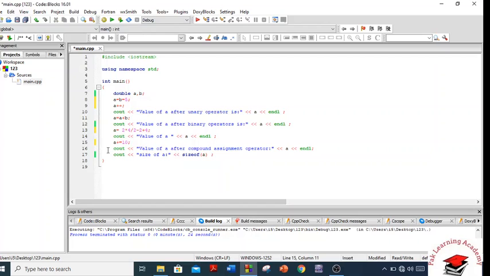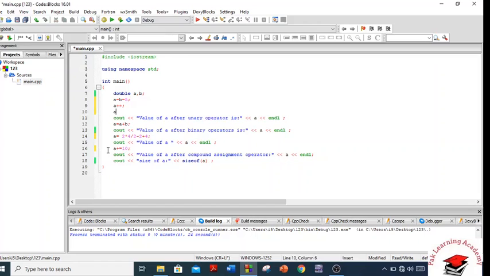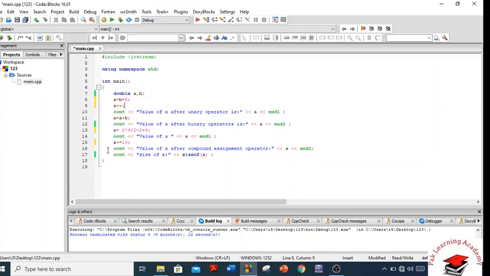Now what are the increment and decrement operators? Here the plus plus is the increment operator, and the decrement operator means minus minus. We can also write minus minus or plus plus before the a. There are two terms, prefix and postfix.